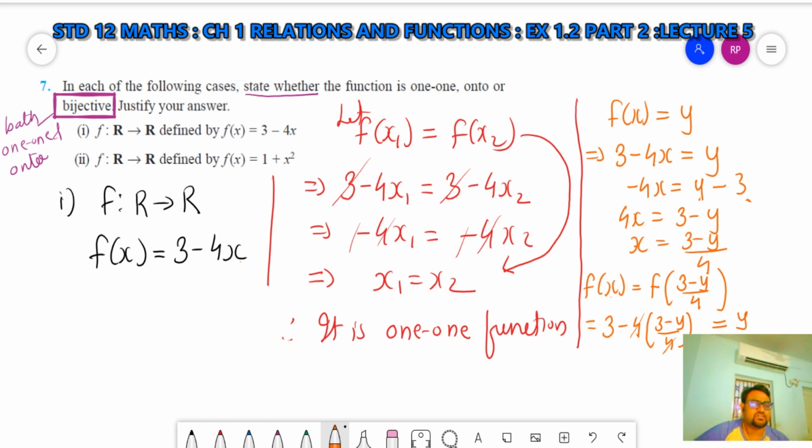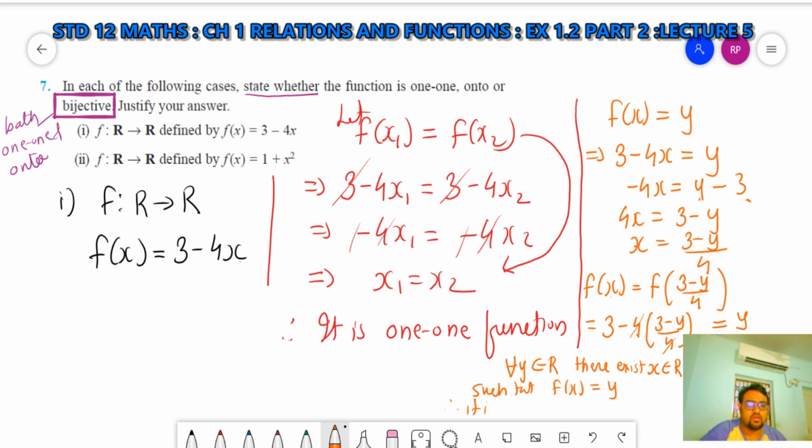So what does that mean? For every y belonging to the codomain, that is R, there exists x belonging to the domain such that f(x) equals y.